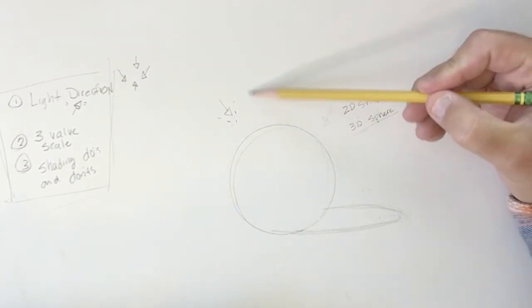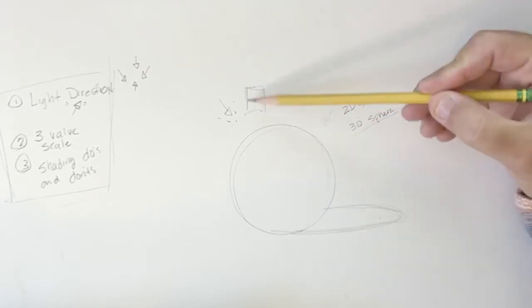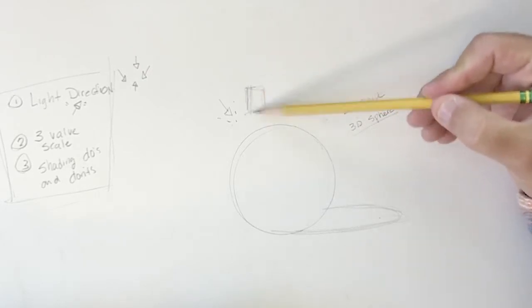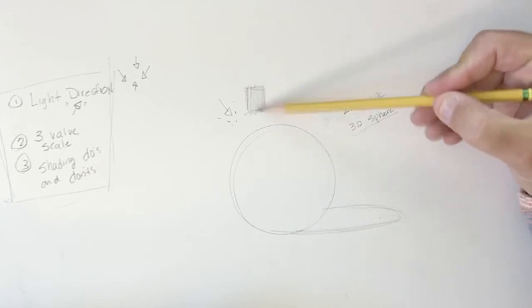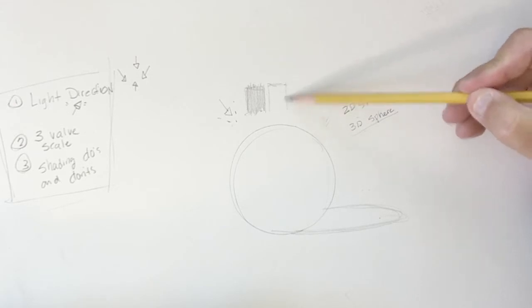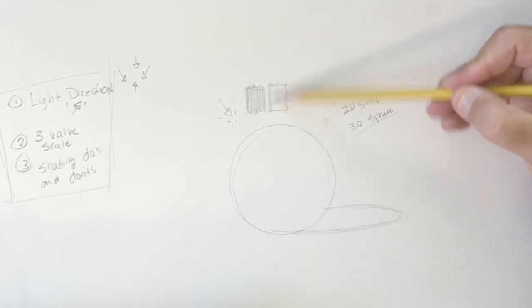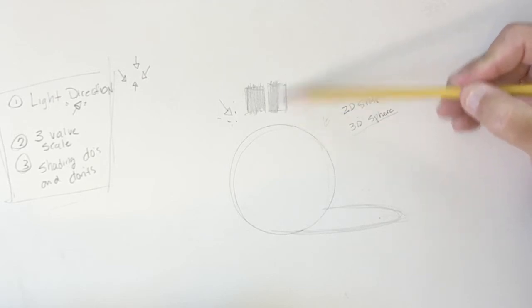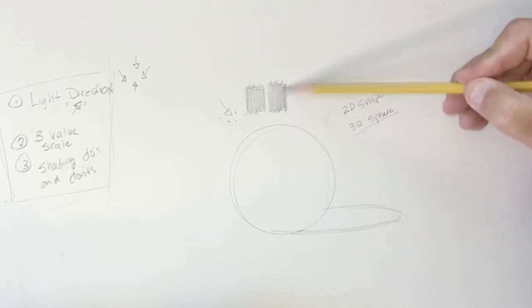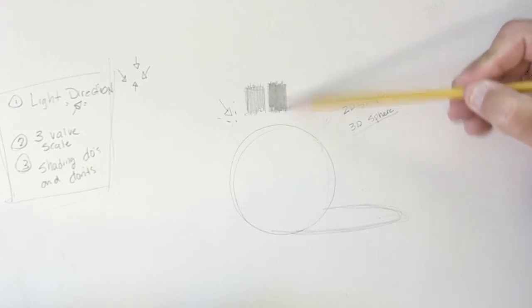The first thing I'm going to do is draw a box, and I'm going to lightly shade that box in, okay? I'm going to draw another box, and I'm going to draw this box real simple, and then I'm going to add the value to it, but I'm going to make it just a little bit darker. And how you control that is by the pressure of your pencil.